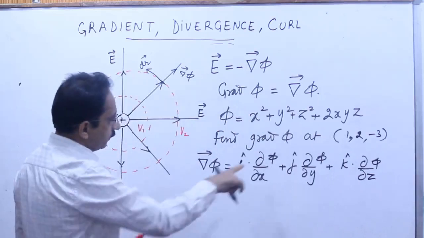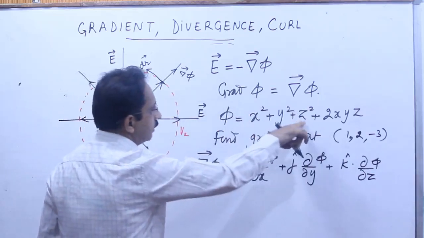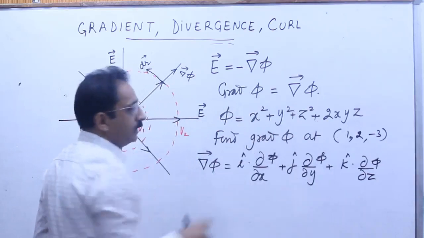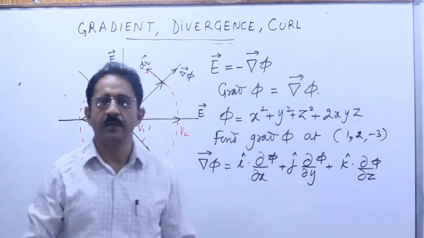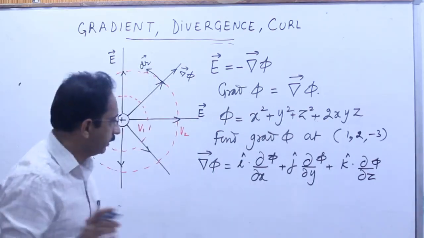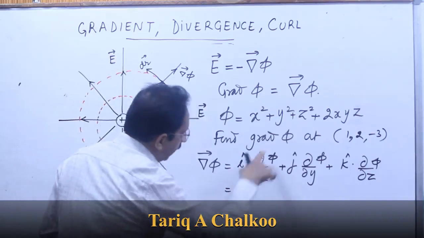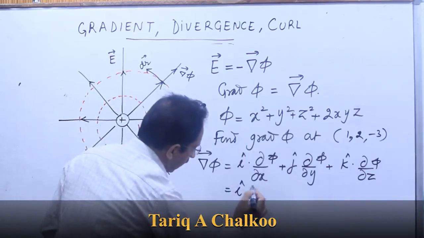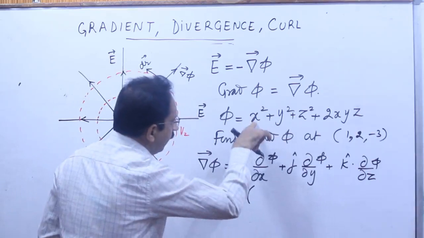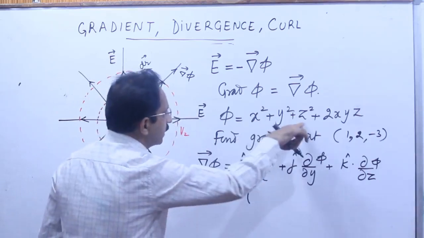When you differentiate phi with respect to x, keep y and z as constants. So it will be i cap into derivative of phi with respect to x, keeping y and z constant.